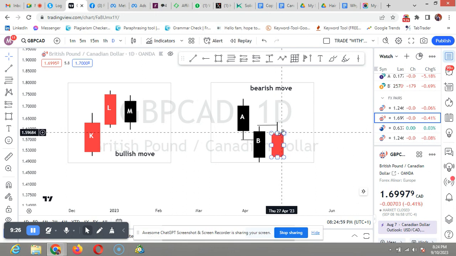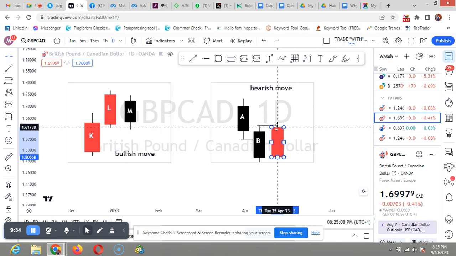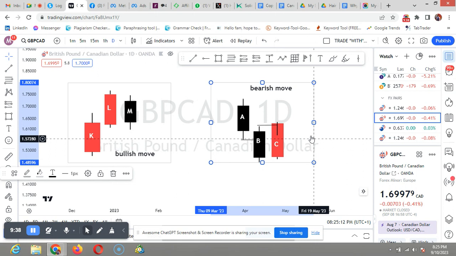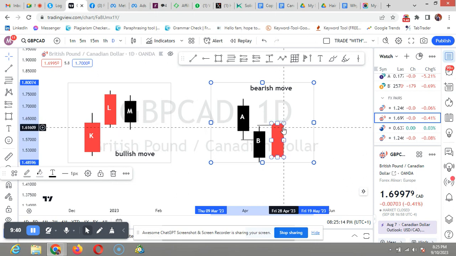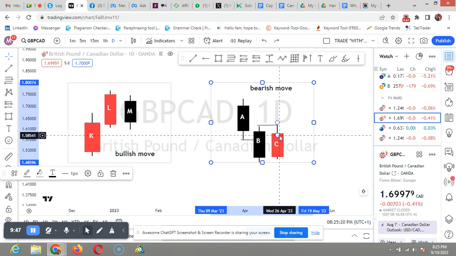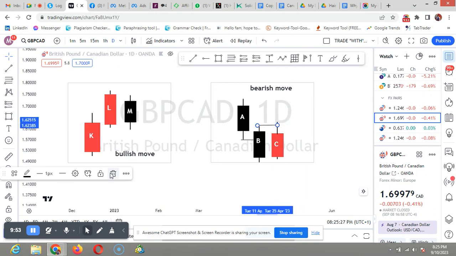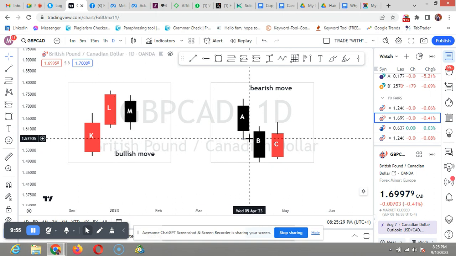Something like this, it will not be valid. Why? Because this is a body candle close. But what it did was just a wick. I hope this is clear. So it is the wick that makes it a sweep and not the body.